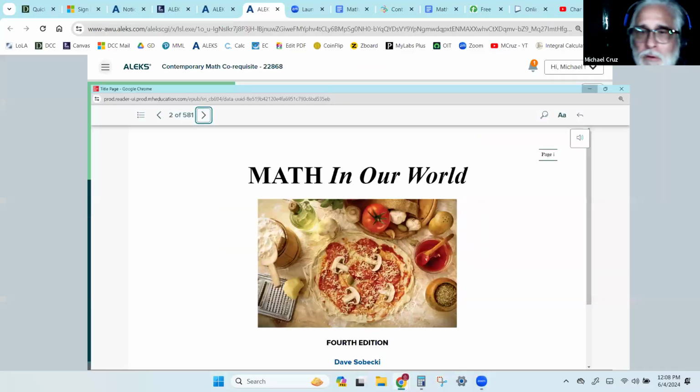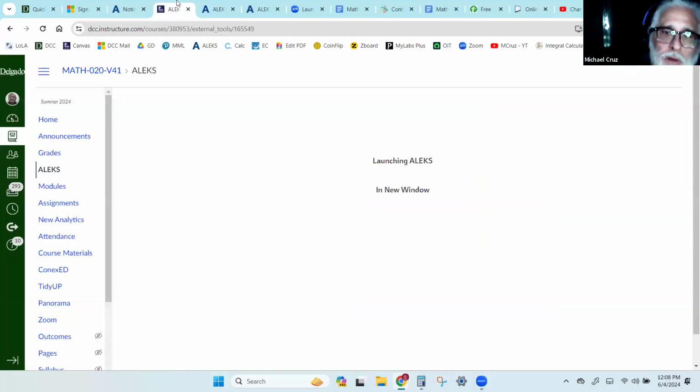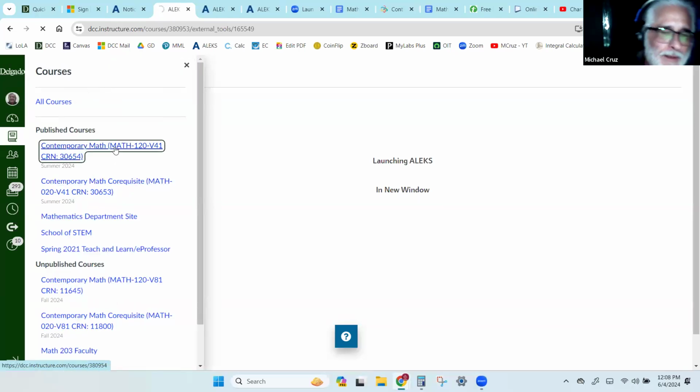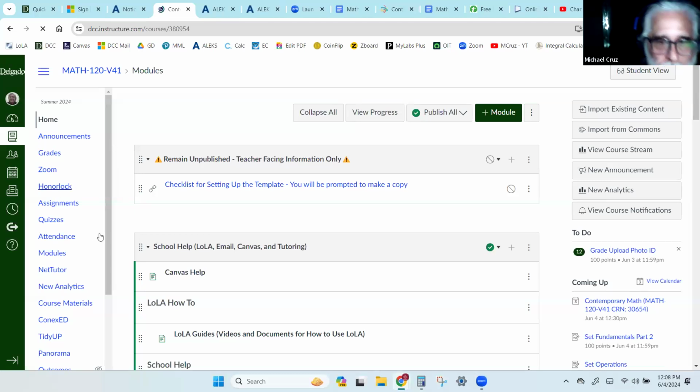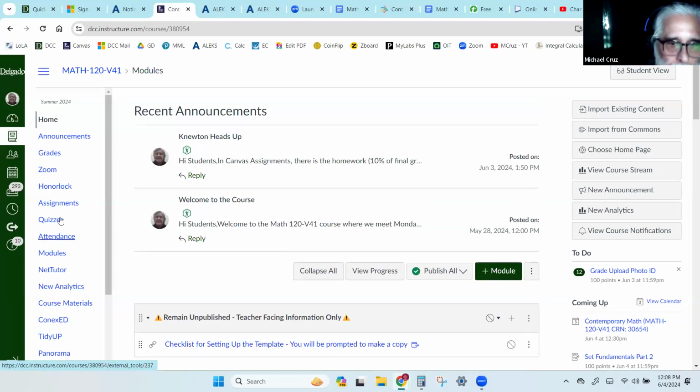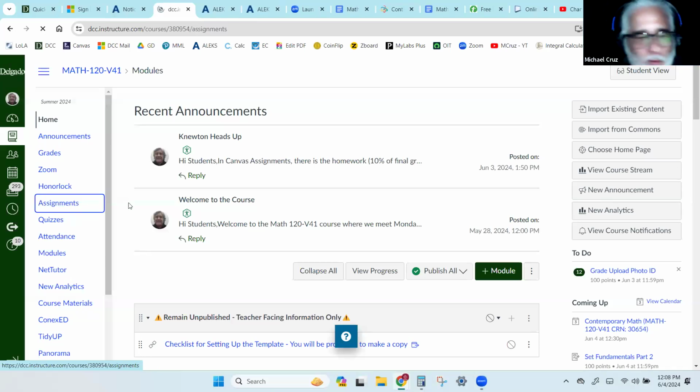But you also got the ones for your 120, which works differently. You're never really seeing a textbook, you're just going through problems. So go into assignments if you haven't been here already.